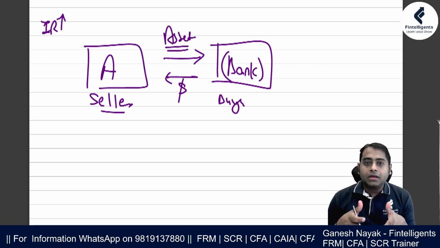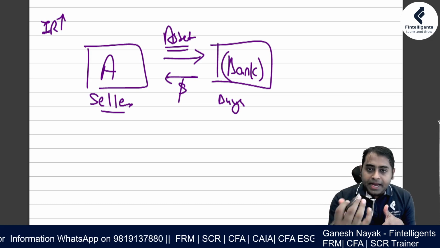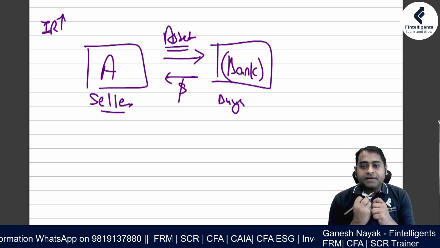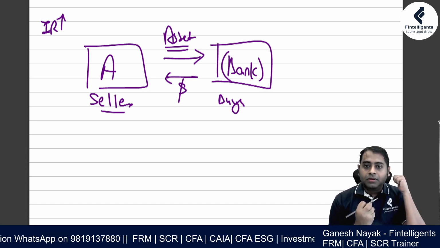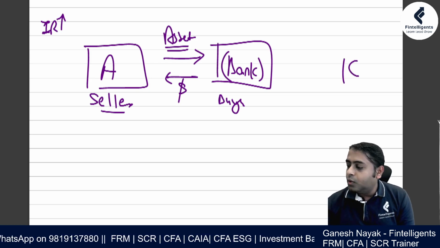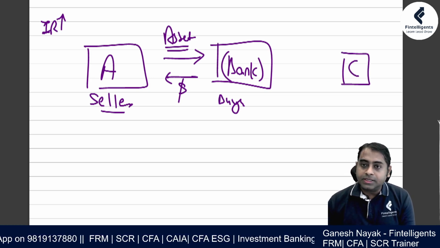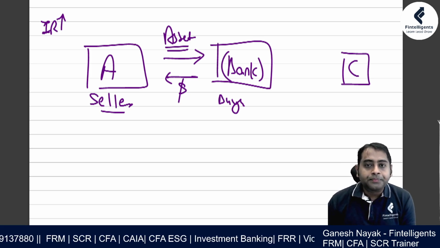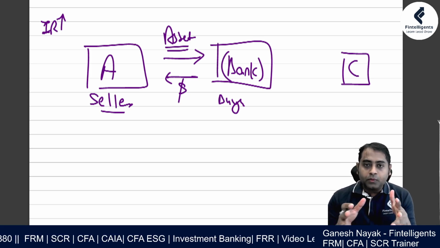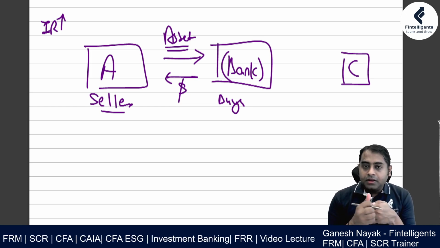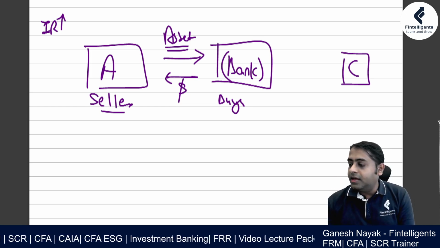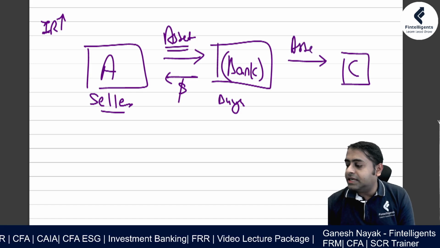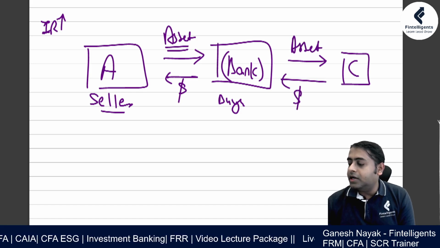Now the bank is thinking, I'll buy this asset and I will immediately find some other buyer in the market. So the bank will sit in between. Suppose there is company C who wants that particular bond only. So the bank will purchase that asset and wait for somebody else to come on the other side, and he will sell that asset and collect dollars.